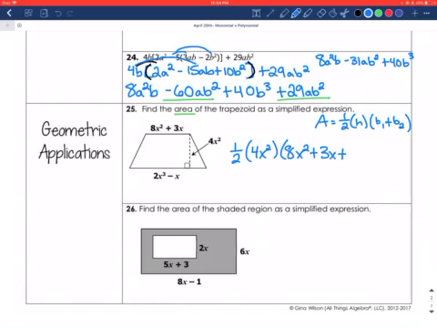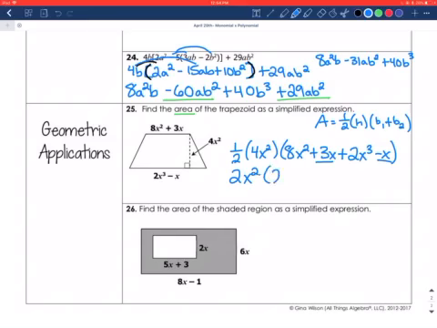So there's our first base added to 2x to the third minus x. Those are our second base. So we have something we can combine like terms on the inside first. 1/2 times 4x squared, which we can go ahead and make that a 2x squared.